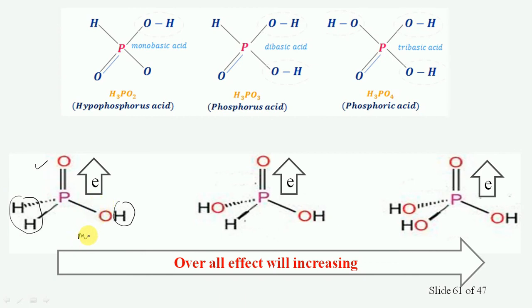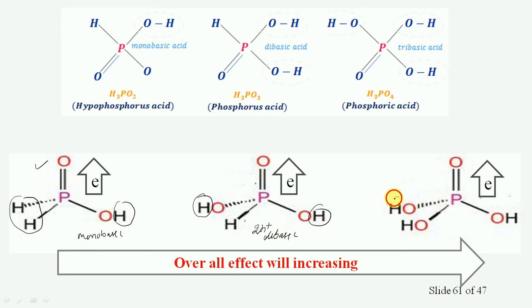So it is monobasic. In the second case, two hydrogens are bonded to oxygens and one hydrogen is bonded to phosphorus. So there are only two acidic hydrogens. So it is dibasic.